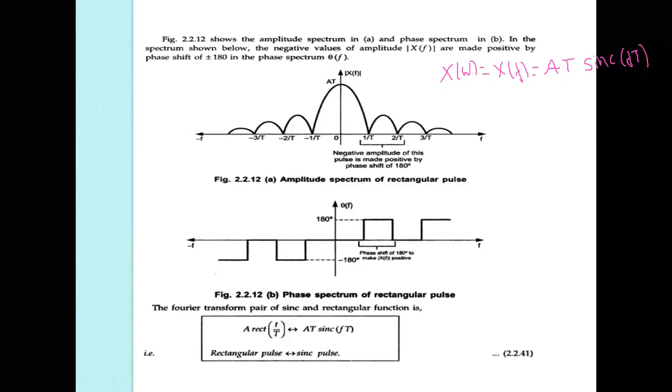See the amplitude, if I am taking omega or f, because it is in terms of f only, my dear students. Let f be equal to 0. F equal to 0 means X(0) is equal to A t sinc 0.